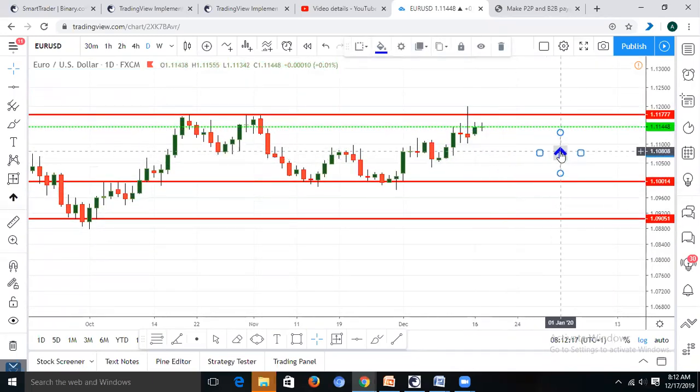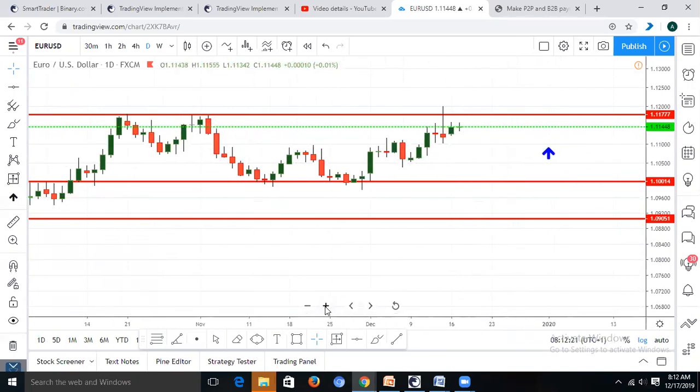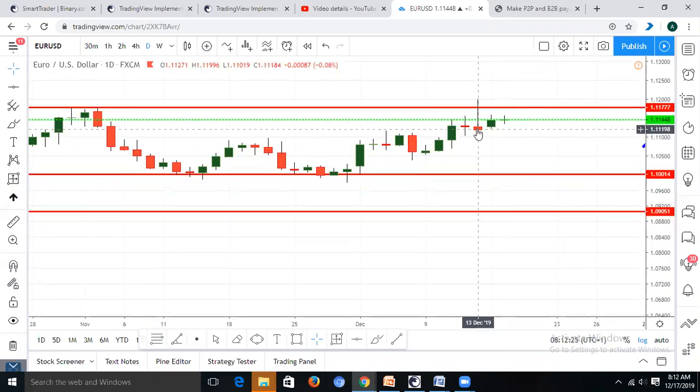If you see something like this red one here, let me blow it very big. If you see something like this, all right, appear on this resistance zone, it's a clear indication that market may go down. But this is on a daily time frame. Now, if you want to enter this market, you wait until this candlestick finish.